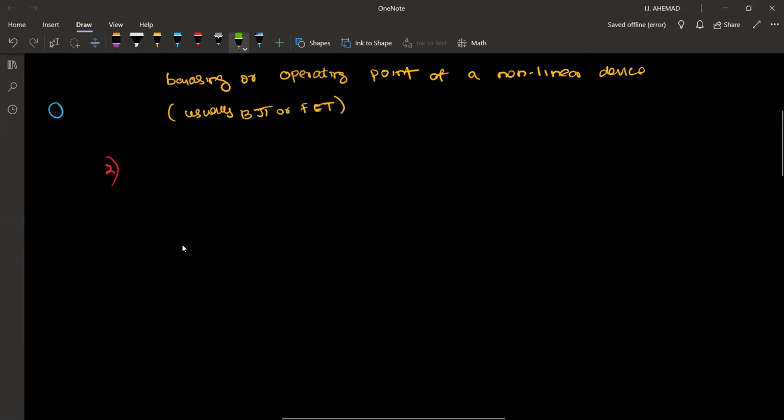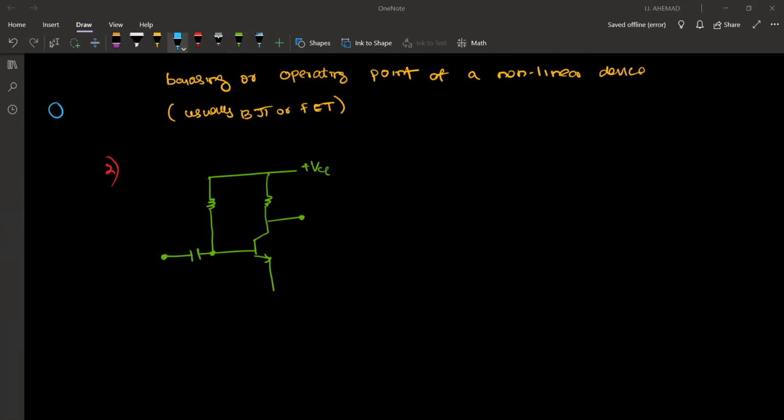Now let's say we applied a voltage of V. So we are giving a signal of V. Now what we will try to do is place this voltage at VCC by 2.